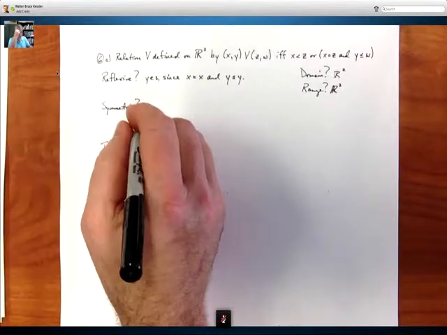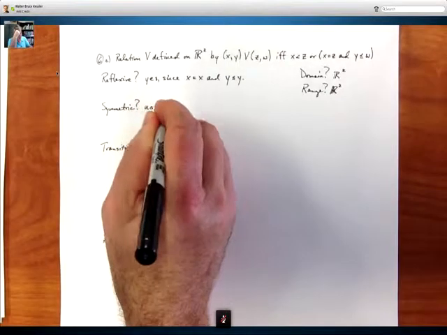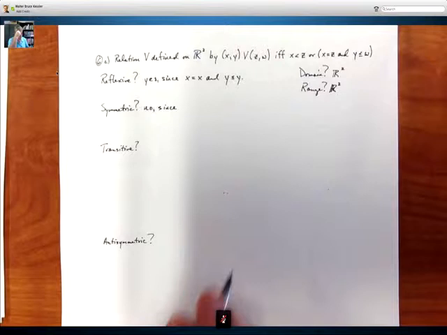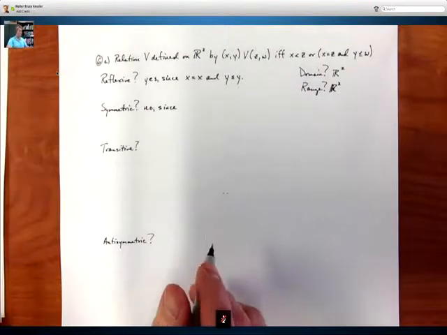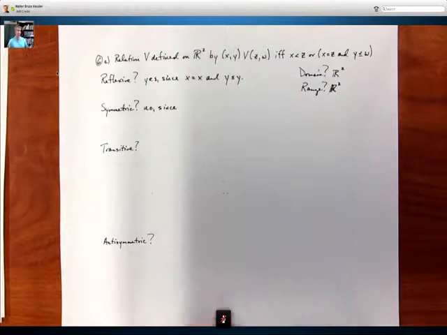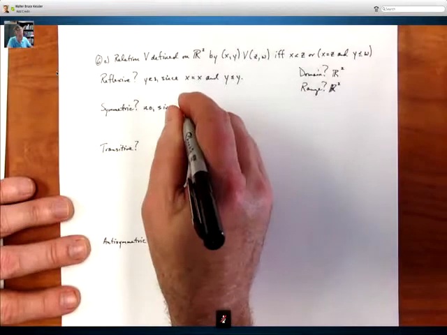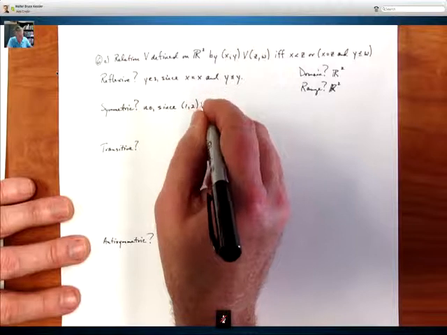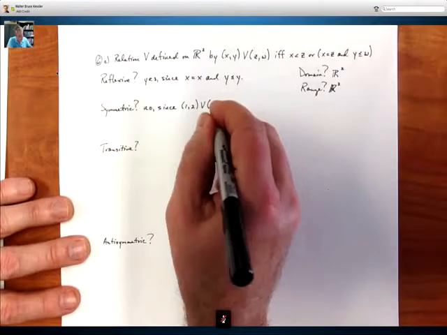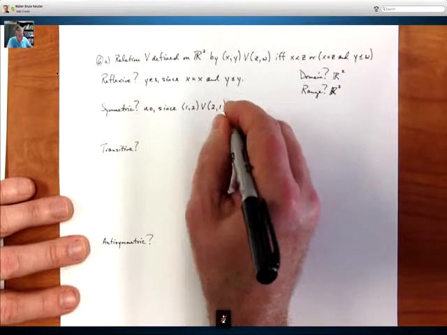Symmetric. I don't think so. Let's come up with a counterexample. All I've got to do is make sure that my first coordinates are not the same, right? So let's see, maybe 1, 2. Since 1, 2 is related to 2, 1, that's all it takes.